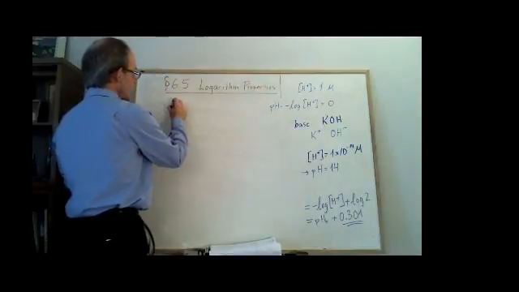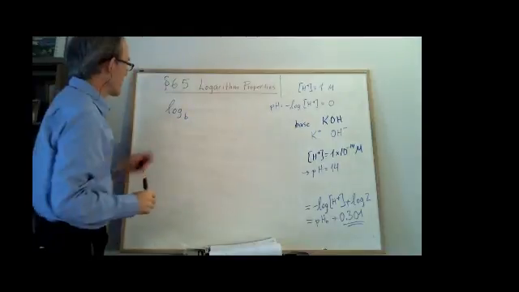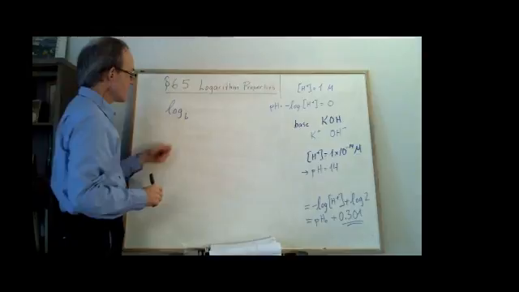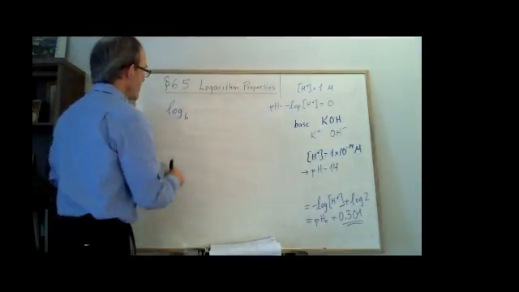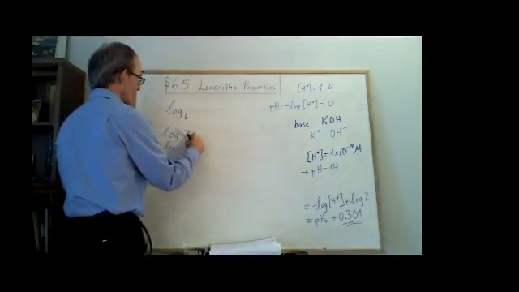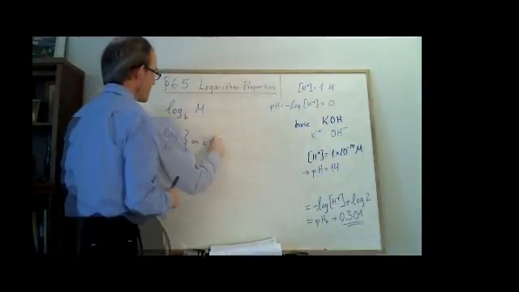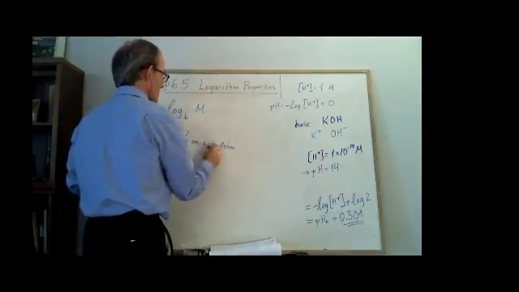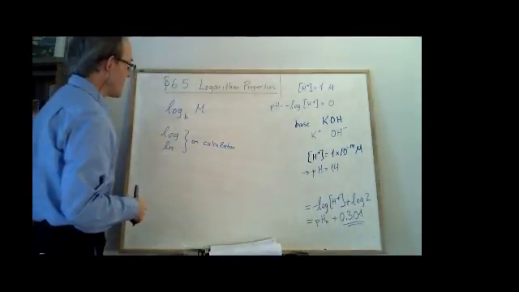As I mentioned before, calculators usually only have as their functions the simple buttons log base 10, or without any exponent shown, it's always log base 10, or the natural logarithm. Suppose you want to calculate log to the base b of another number m. What should you do? It's usually not on the calculator. Well, you use a change of base formula.